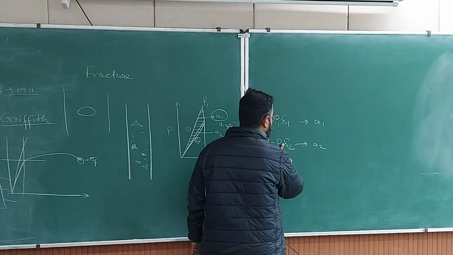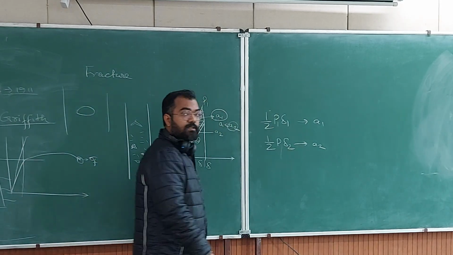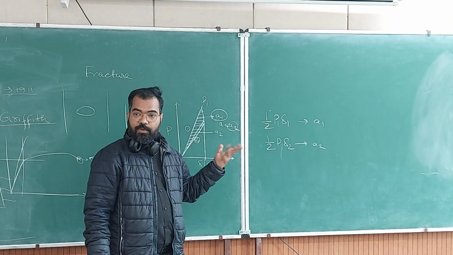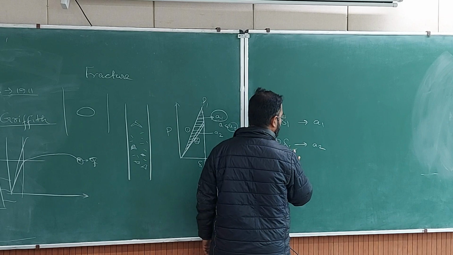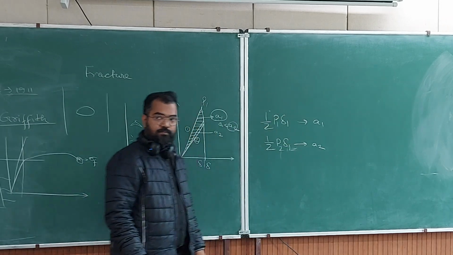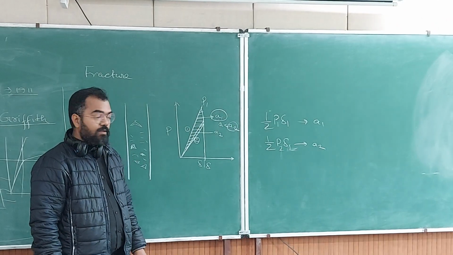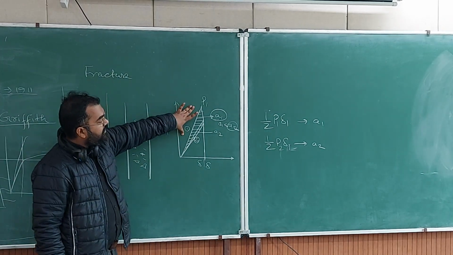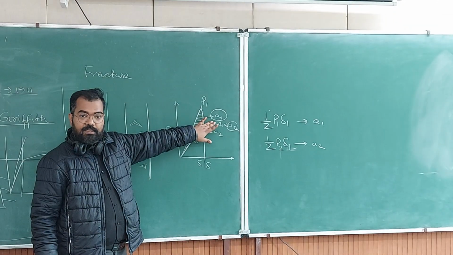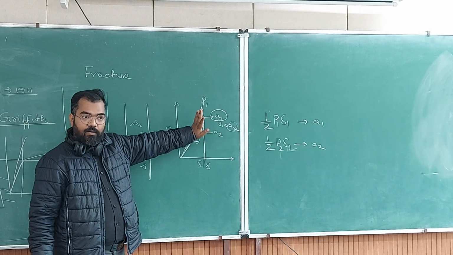Sorry, P2 delta 1, but delta 1 is equal to delta 2. So P cannot be P1, okay? So it will be half P2 delta 1, right? So the energy which was there when the crack was A1, a certain amount of energy is gone now.